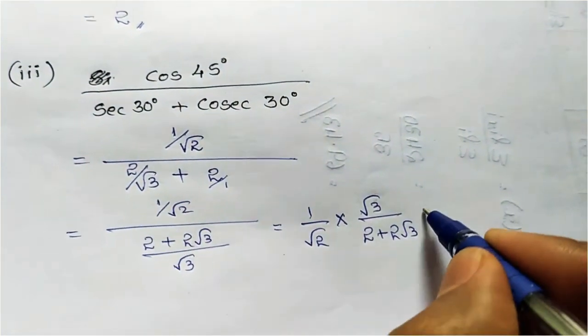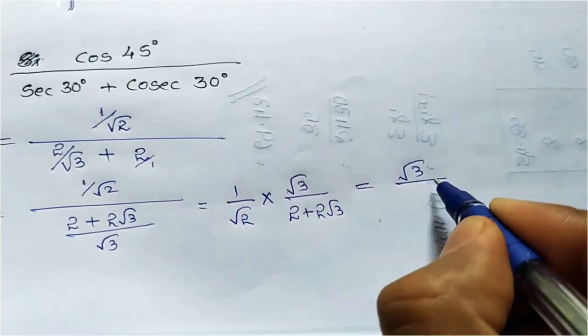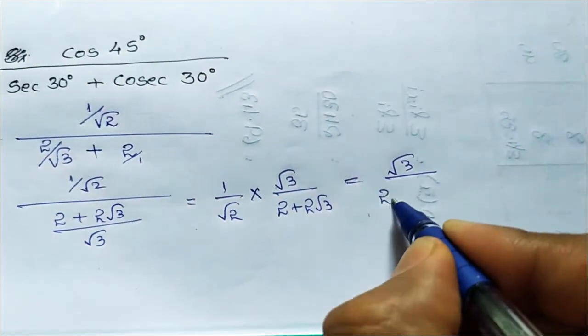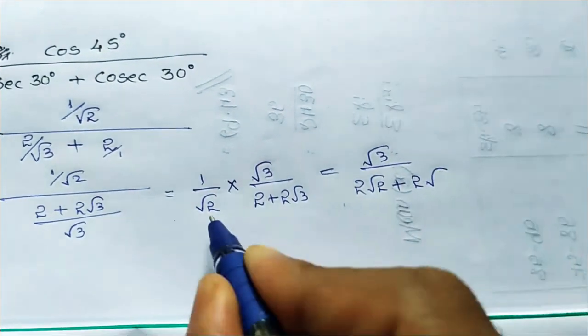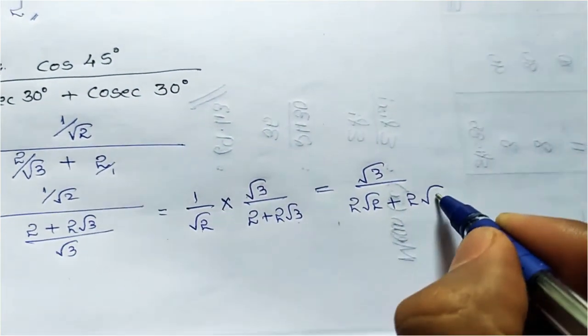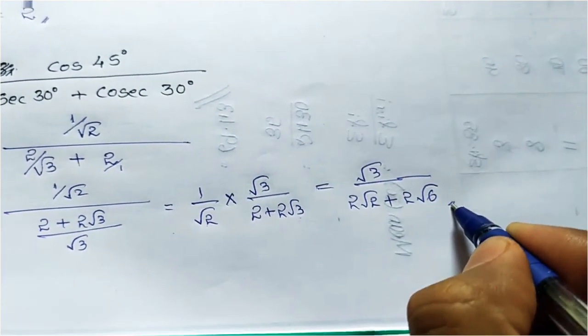Now root 3 into root 3, and here 2 into root 2, 2 root 2 plus 2 into, see, root 2 into root 3, it will be root 6. So this is our final answer.